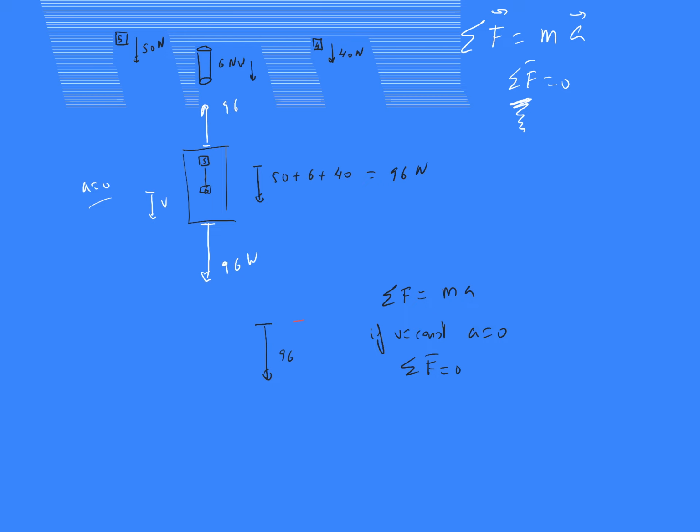What happens if the object is moving up with constant velocity? If the object is moving up with constant velocity, the result will not change. The 96 newtons will be needed to perform a motion with 0 acceleration, with net force 0.